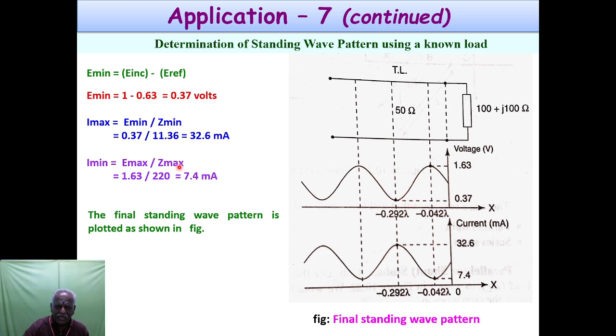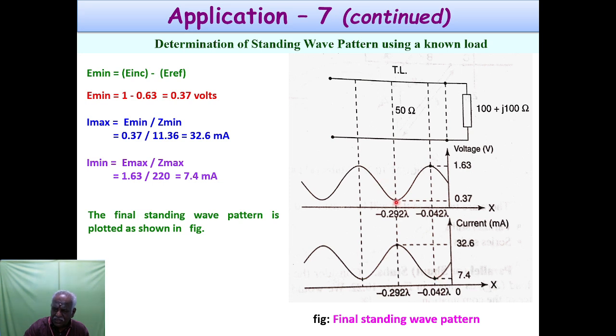At the point of voltage maximum, you will read 1.63 volts. Wherever you get E maximum, you will get current minimum. This is the principle involved in the standing wave pattern. At a point of voltage maxima, it by default corresponds to current minimum.